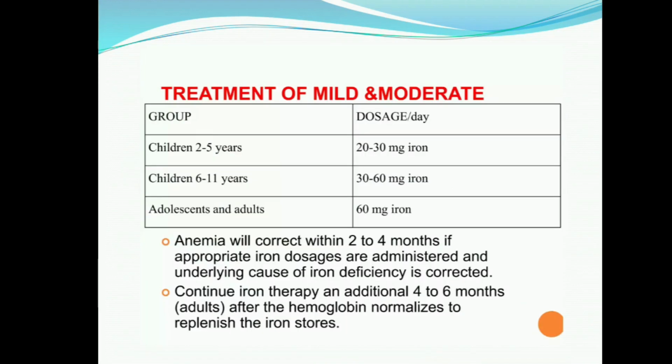Next, what is the treatment during anemia? Anemia will correct within 2 to 4 months if appropriate iron dosages are administered and underlying cause of iron deficiency is corrected. Continue iron therapy an additional 4 to 6 months after the hemoglobin normalizes to replenish the iron stores.